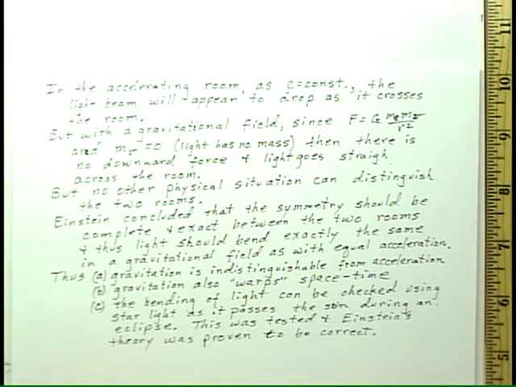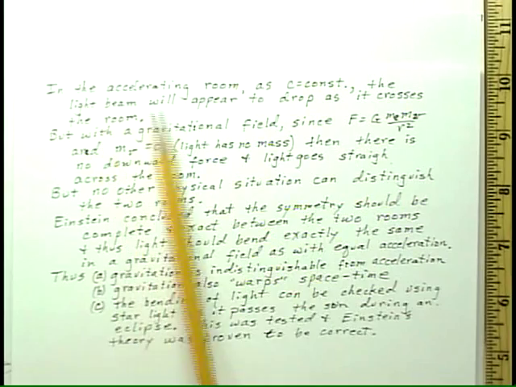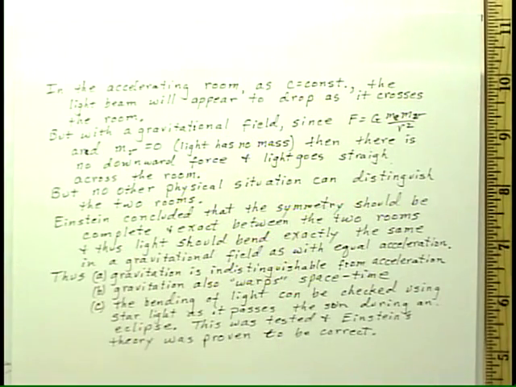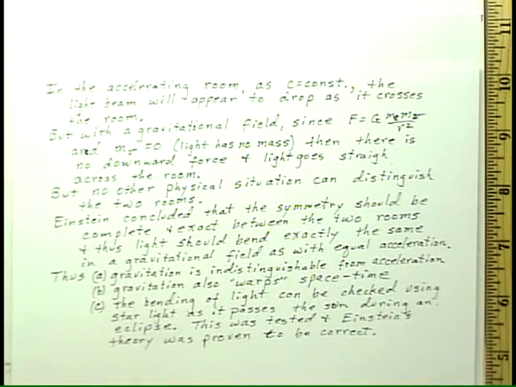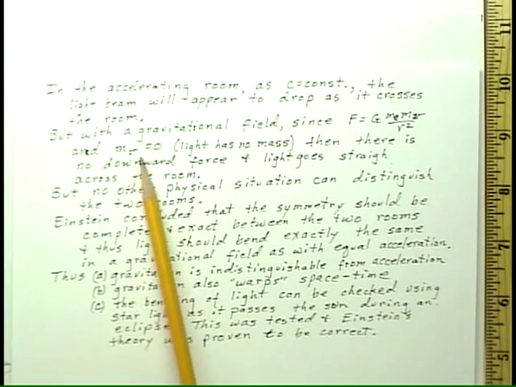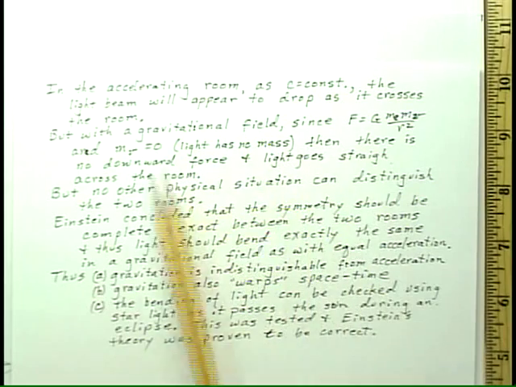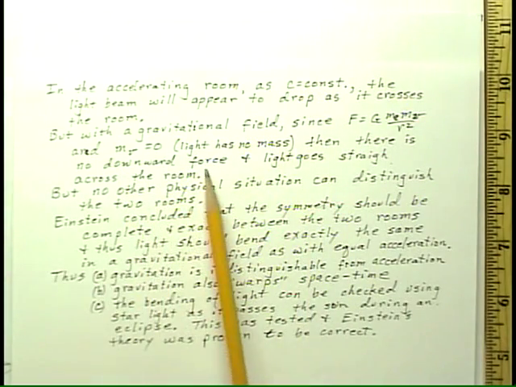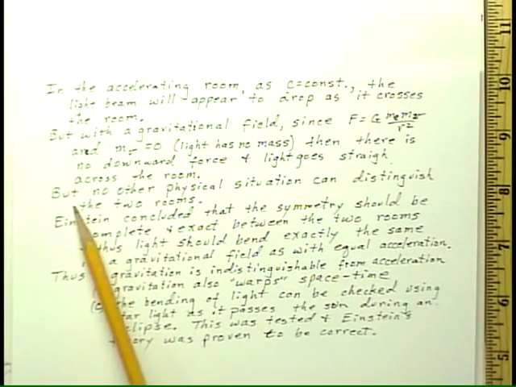Here I've gone through some of those concepts and written them out. In the accelerated room, c is a constant and the light beam will appear to drop as it crosses the room. But in the gravitational field, of course, we have F is equal to G m1 m2 over r squared. The mass of this photon or neutrino or other object is going to be zero, so there is no downward force, and light will go straight across the room.